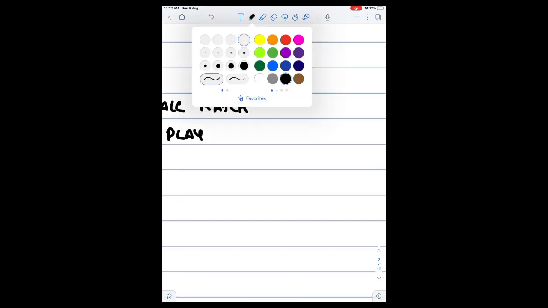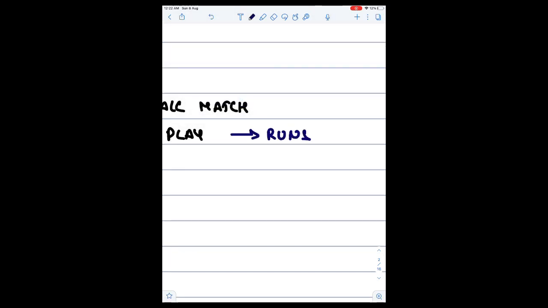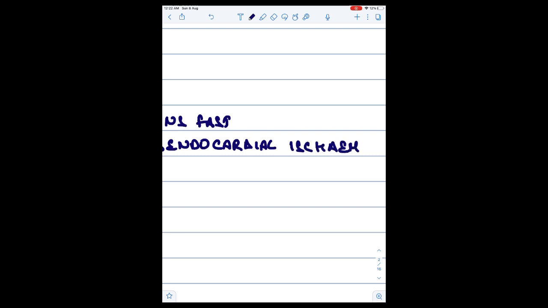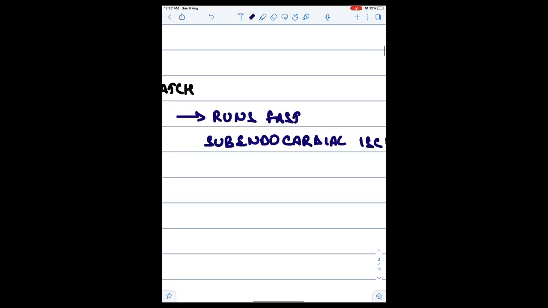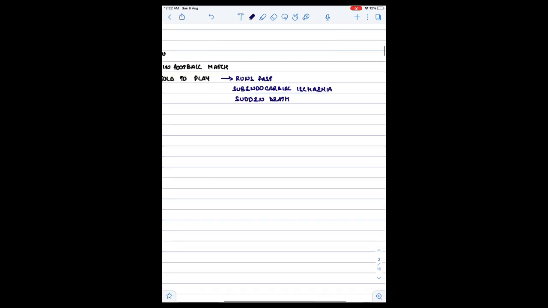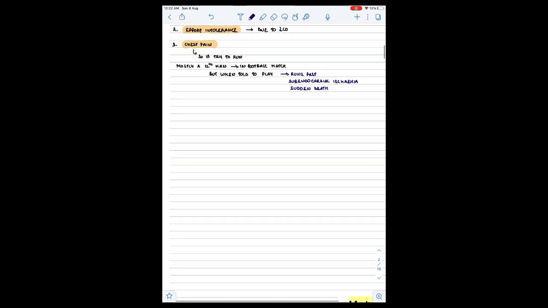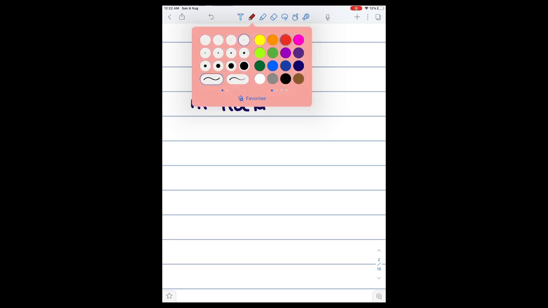Whenever I'm instructed to play, I run fast, and because I run fast, there is an increase in heart rate. Because of the increase in heart rate, there is a decrease in diastolic time, leading to subendocardial ischemia, leading to chest pain. And I'm afraid, I've studied in the books and on Google, that in such patients there are chances of sudden death also. So he comes to the OPD complaining of dyspnea, effort intolerance, and chest pain.